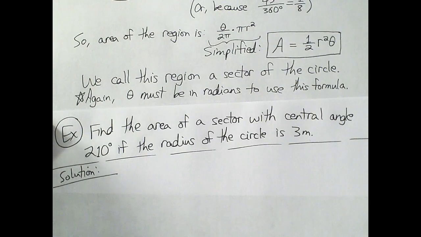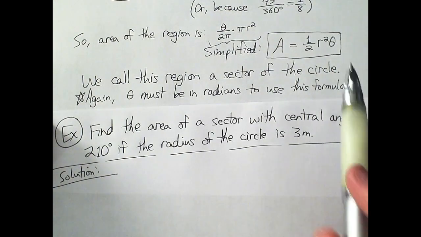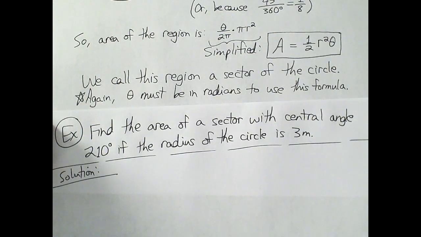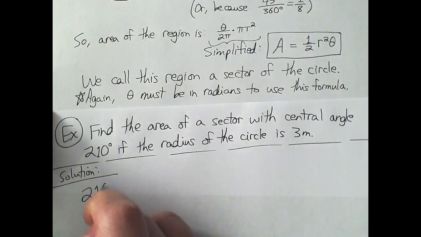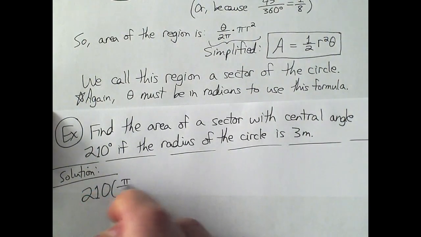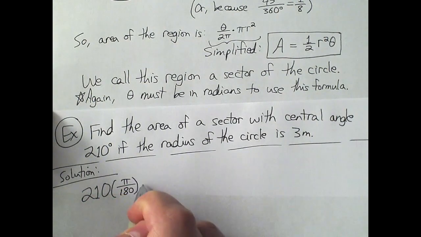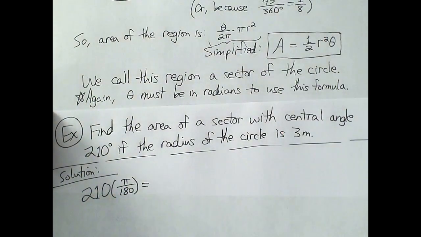We could draw a picture of this if we want to, but we don't even really need the picture. We're going to wind up using this formula. Does the picture really matter? I don't know. First things first, I'm going to convert this angle into radians. 210 times pi over 180. Because I know that the formula that I want to use needs radians.